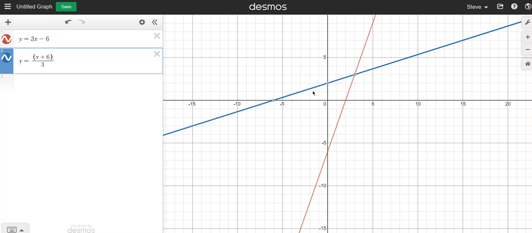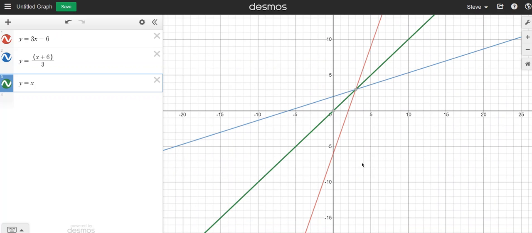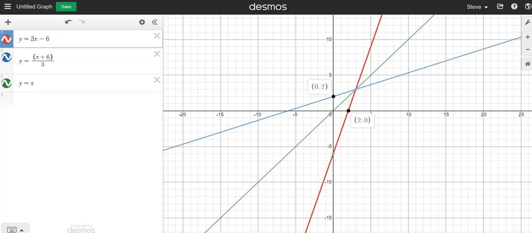Now, I don't care that these guys intersect. What I want you to see is the y equals x line. And the cool thing about it is this is your mirror line. Are they reflections of each other? So what do I mean by that? If I click on this point 0, -2, and go straight across perpendicular, I should have a point -2, 0, right?